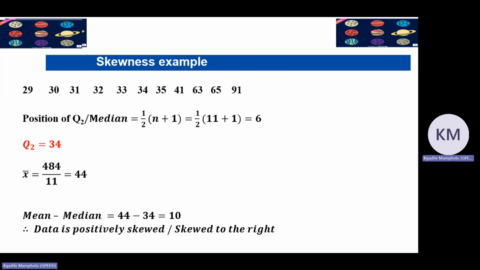If the mean equals the median, you'll know that the data is symmetrical or the distribution is normal. If the mean is greater than the median, it means it's positively skewed or skewed to the right. And if the mean is less than the median, it means it's negatively skewed or skewed to the left.